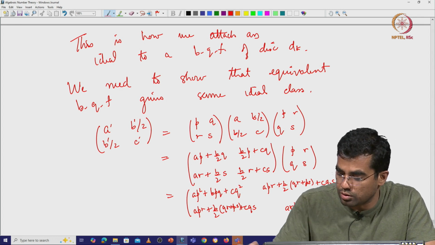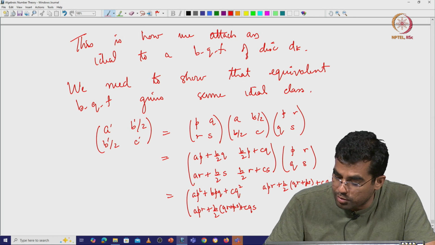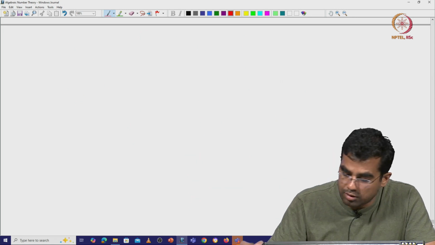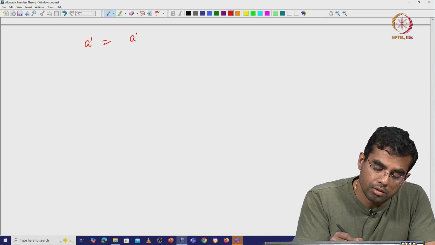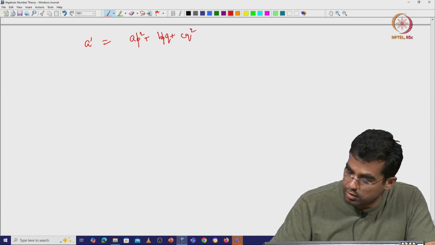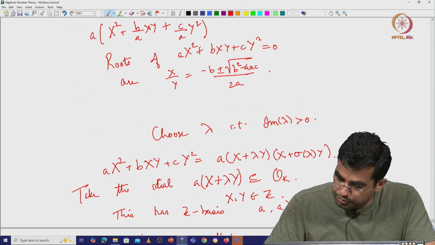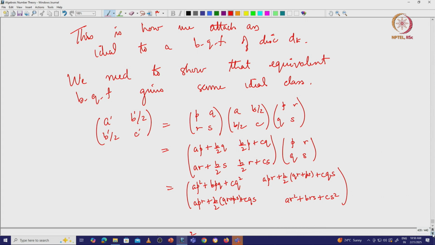It has to be, the non-diagonal entries have to be the same. They are both B prime by 2 anyway. So that's all fine. What does that mean? That means that A prime is A P squared plus B P Q plus C Q squared. Did I get that right? Yeah. Right, and then C prime is whatever it is, etcetera, etcetera, right.